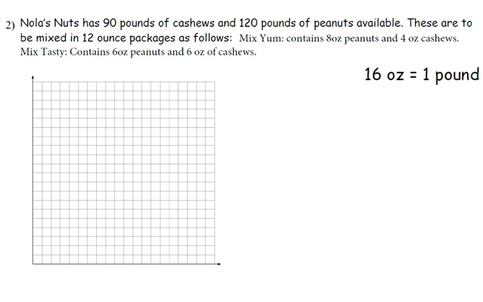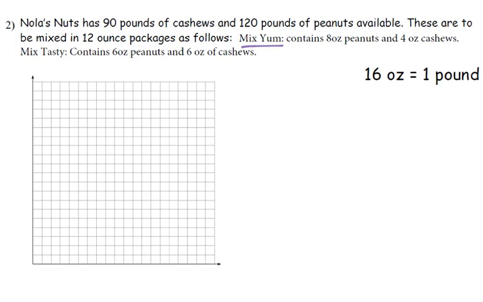Nola's Nuts has 90 pounds of cashews and 120 pounds of peanuts available. These are to be mixed in 12-ounce packages as follows. Mix Yum contains 8 ounces of peanuts and 4 ounces of cashews, and Mix Tasty contains 6 ounces of peanuts and 6 ounces of cashews. Okay, so we're dealing here with different packaging and how many cashews and peanuts they put into them.